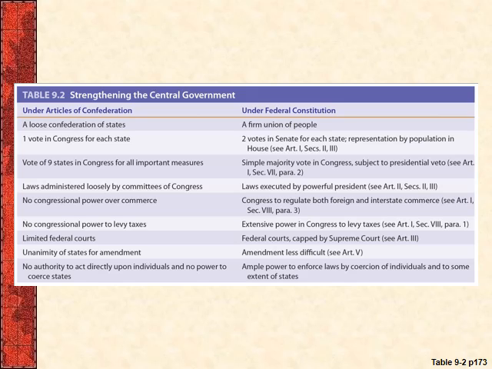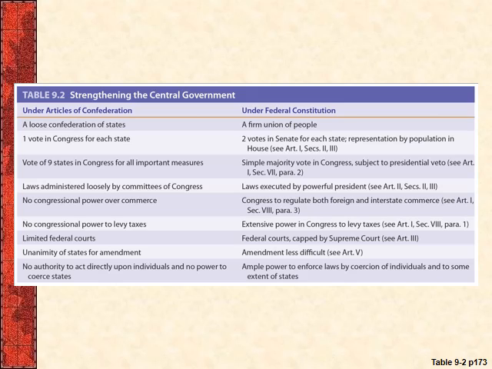This is just a table showing a comparison and contrast of the Articles of Confederation and the Federal Constitution. The whole idea of the Articles of Confederation is you had a compact between the states, that the states agreed to form a union, whereas under the Constitution, it's the people, not the states, that formed the union.